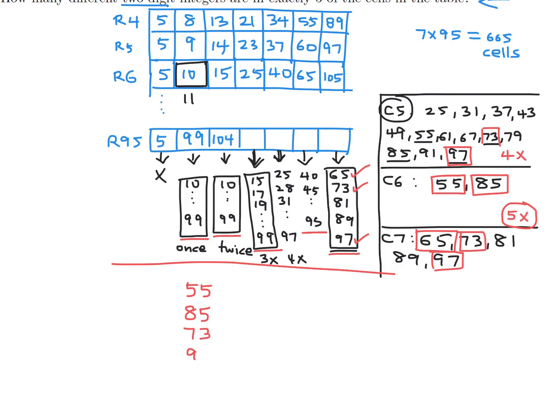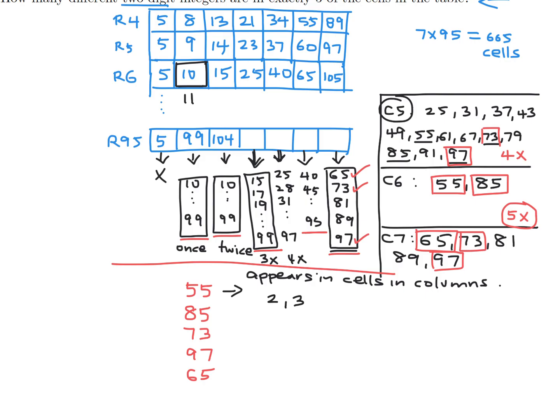So let me make a summary here of the numbers that I've got: 55, 85, 73, 97, and 65. And let me write in here which columns each appears in. So 55 appeared in which columns?